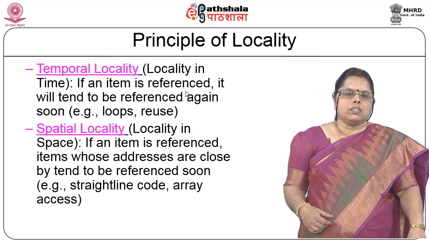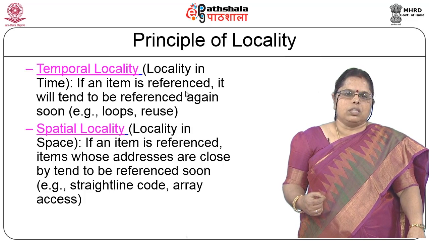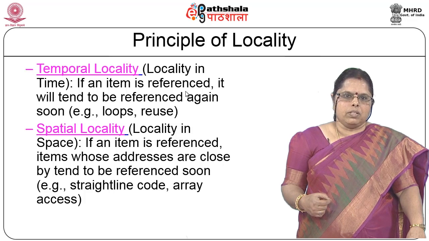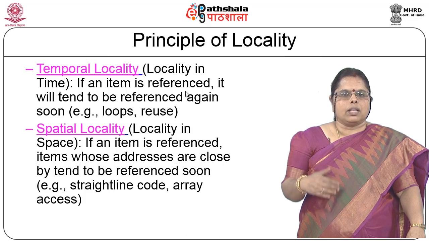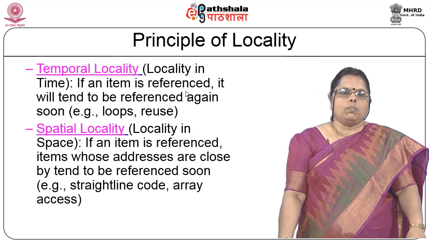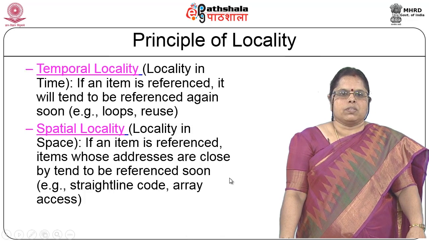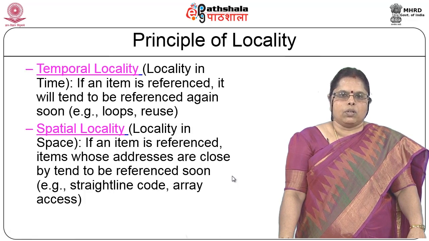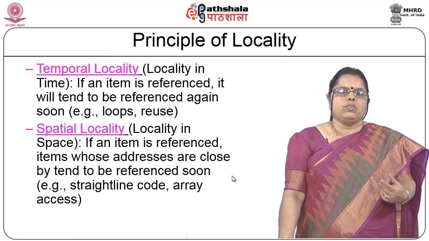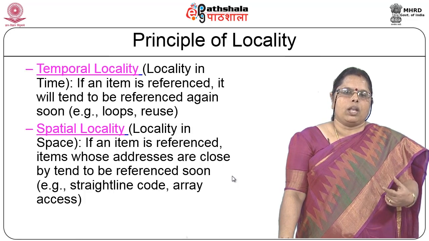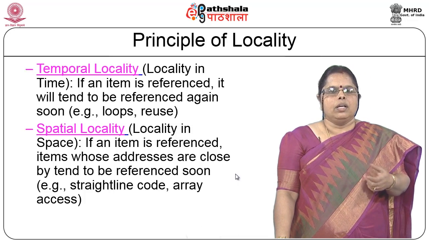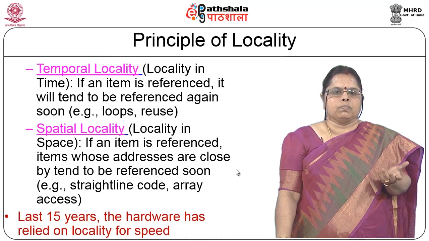In such cases we come to the conclusion that if one item is referenced, then it is quite likely that the item at the next address is going to be referenced soon by the processor. This is called the spatial locality of reference. Because programs exhibit both temporal and spatial locality of reference, locality of reference can be exploited by the hierarchical memory system.